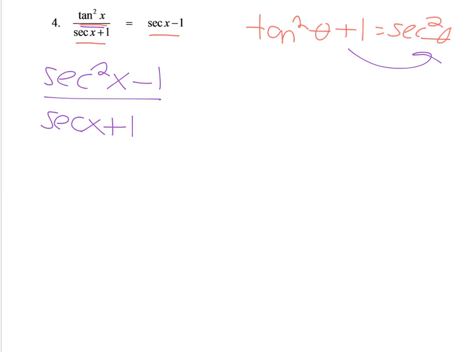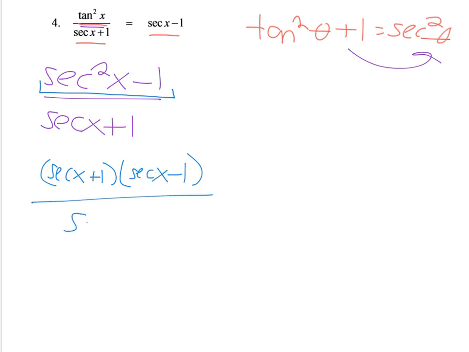So if I'm trying to get it to be the right-hand side, I could factor this numerator because it's a difference of squares. So if I did a difference of squares to factor, I would get secant plus 1 and secant minus 1. And then, since they both have a secant plus 1 on the top and the bottom, those cancel out, leaving me with secant x minus 1, which is the right-hand side.